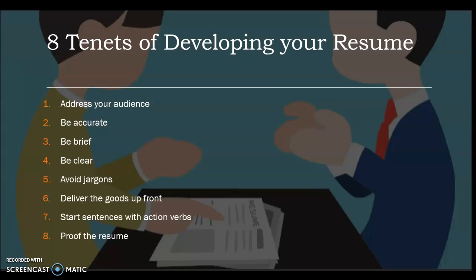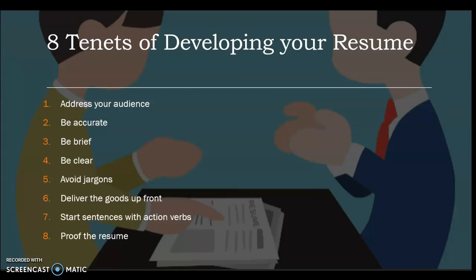The sixth one is to deliver the goods up front. Start accomplishment statements with the results and then describe the method for achieving the results. The seventh one is start sentences with action verbs such as directed, led, performed, collaborated with, or sometimes with noun phrases like operations, executive, team member, team leader, sales professional, instead of passive statements like responsible for, duties included, and so on.